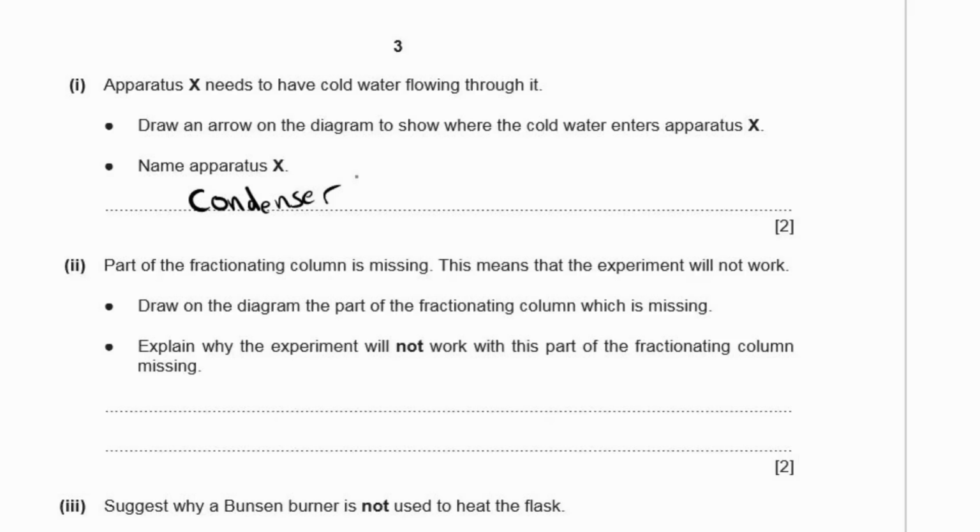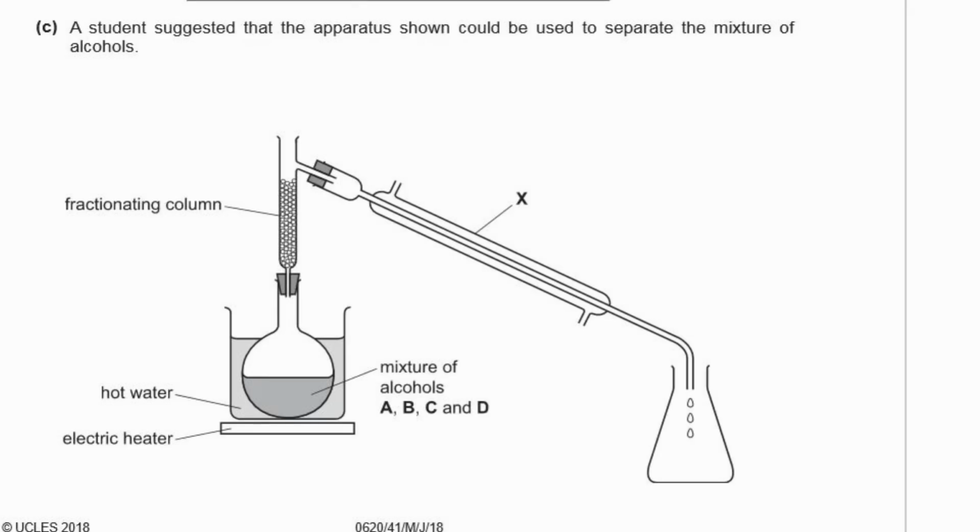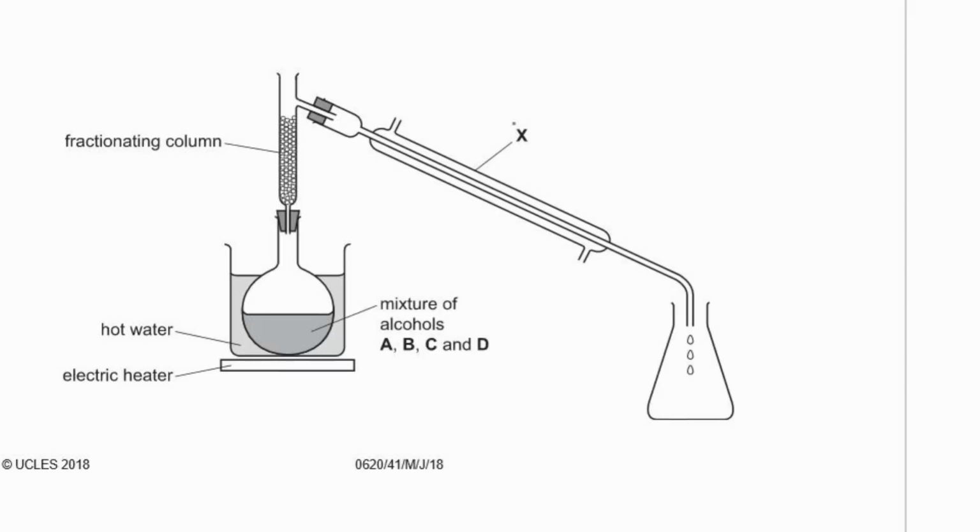It's cooler, so the alcohols are no longer gas, they turn to a liquid. Where does the cold water enter? We have 2 options: it can go at the top or at the bottom.